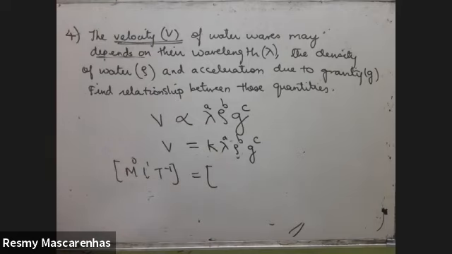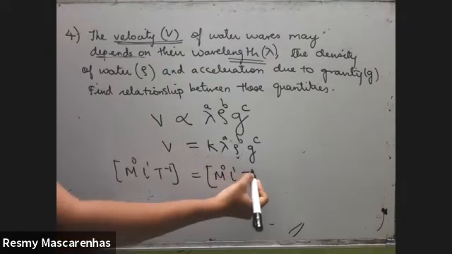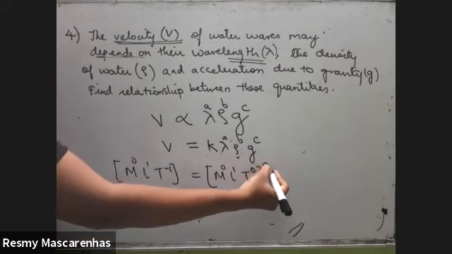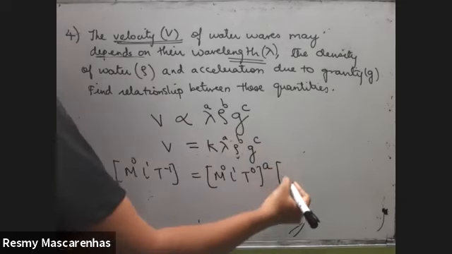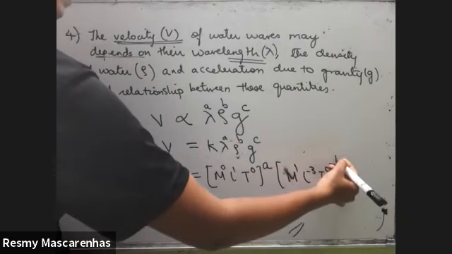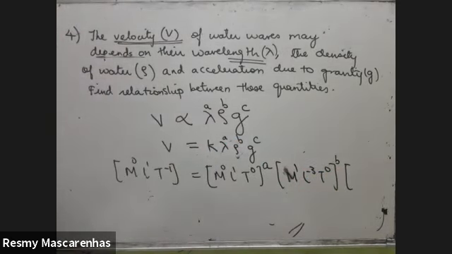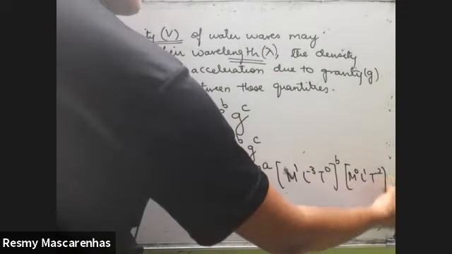Wavelength means length, L, which will be L1 raised to the power A. Density is already given to you. What is density? M1 L minus 3, raised to B. And the third one, acceleration due to gravity, M0 L1 T minus 2 raised to C.